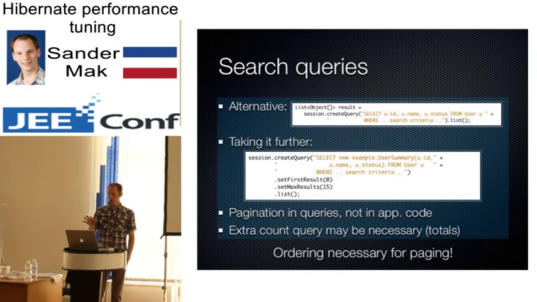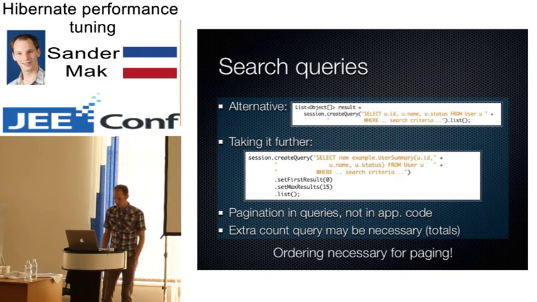So pagination, please do it in your Hibernate or your database code, not in your application code, because it's just a waste. One other thing is that you often have to do an extra count query, right, for displaying the total number of pages and displaying the total number of results. So that may still be necessary in this case.